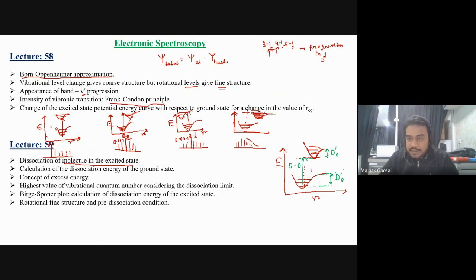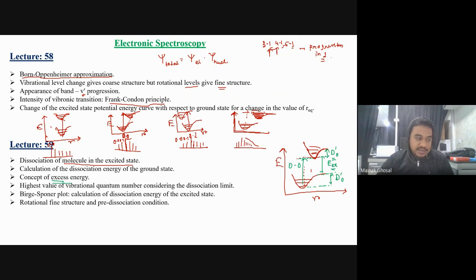And this is the excitation energy, which you need to provide to bring it to the excited state. Whenever you get the species in the excited state, from that you can easily calculate this D0 prime, and from that the excess energy calculation can also be done.